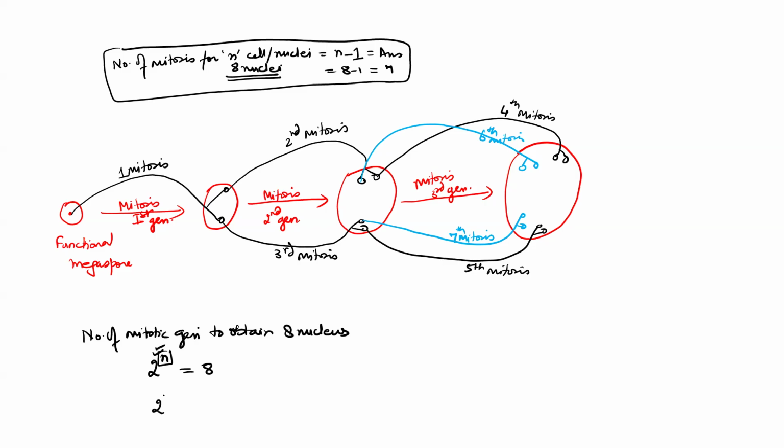Here 2 raised to the power 3 is 8, so the answer is 3 generations. Learned up till here? This answer is with respect to generations, and here I have explained only nuclei. Please don't confuse it with cells. It is 8 minus 1, 7 mitoses.